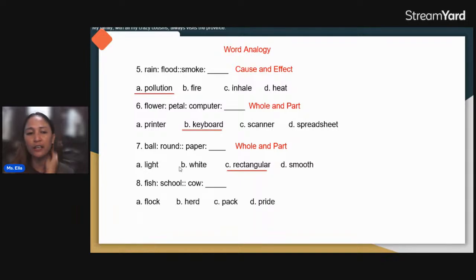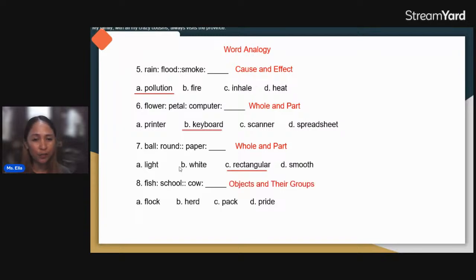So we have here fish is to school, cow is to blank. Okay, for number 8, the correct answer is herd.